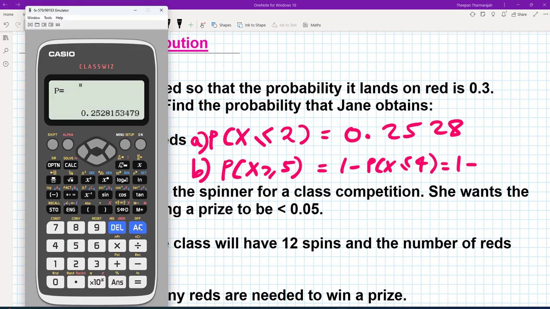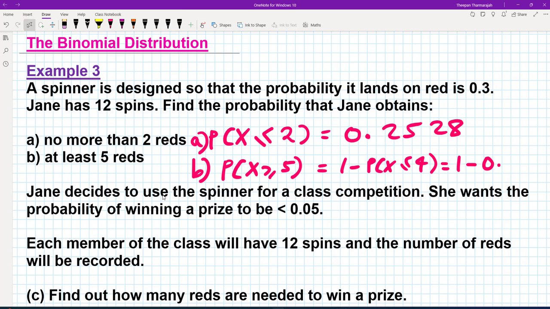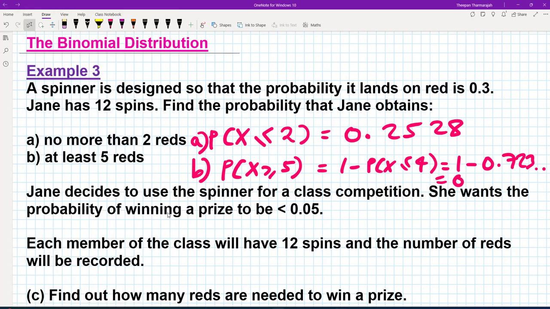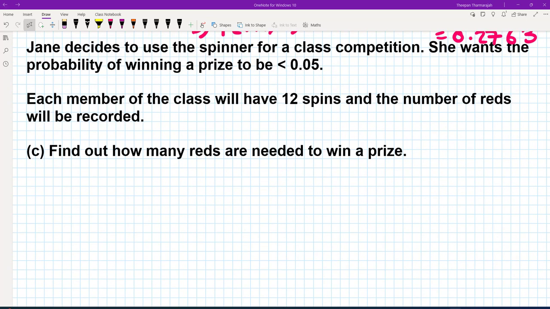So on our calculator again, change that to 4, and we're going to store this value 0.7236 in A, and then go back to the main menu and then do 1 minus alpha and A, and then we get 0.2763 as our answer.